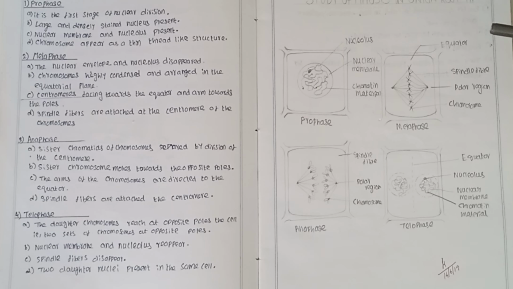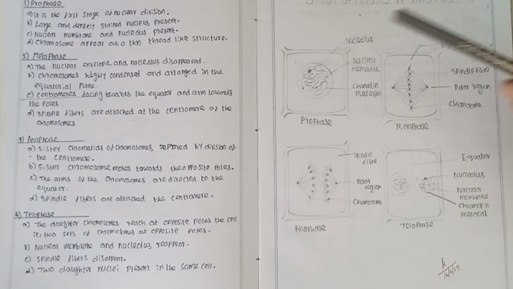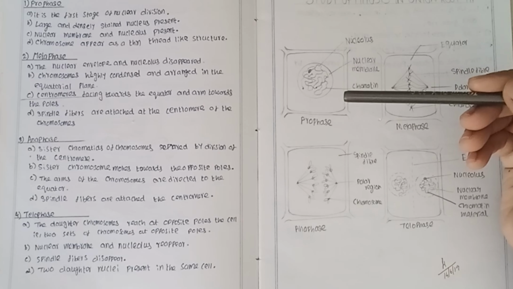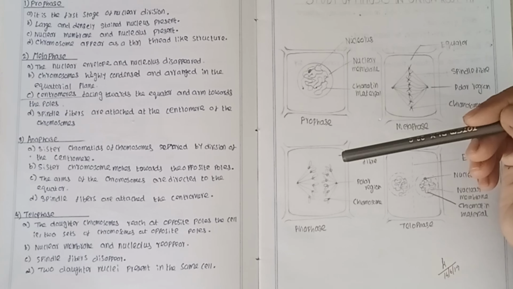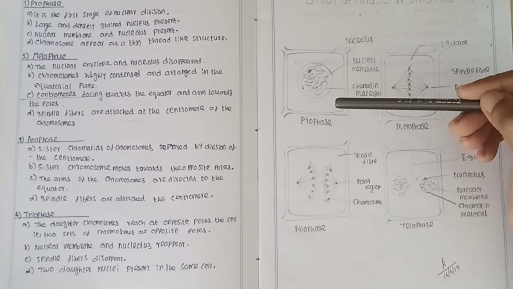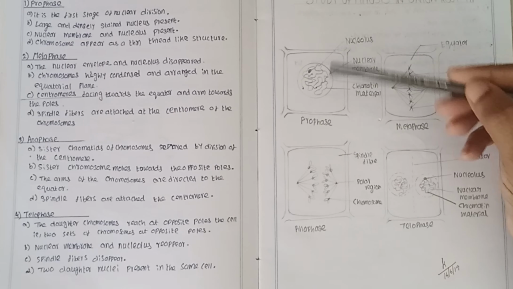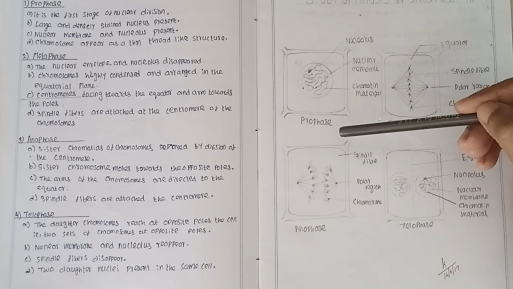At the early prophase stage, the centriole, the cell organelle that helps in cell division, divides into two, and each of them starts moving towards opposite poles of the nucleus of the dividing cell.